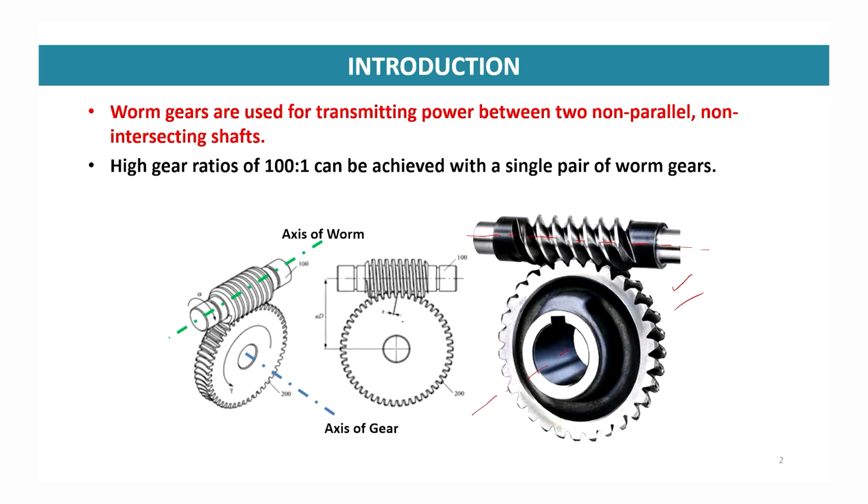In another view, the worm and worm gear is shown here. Worm is just like a threaded element, so it will have axial pitch and lead, which are used in the case of power screws.